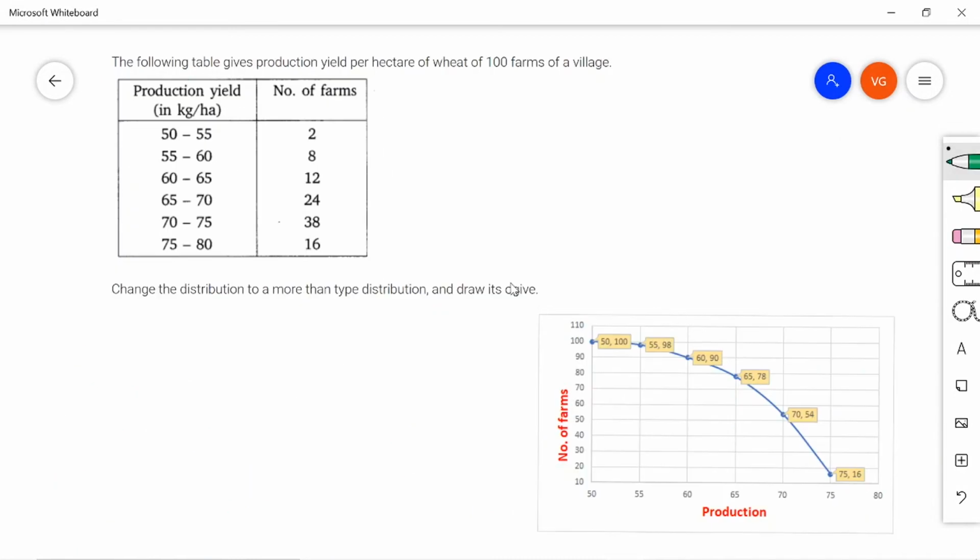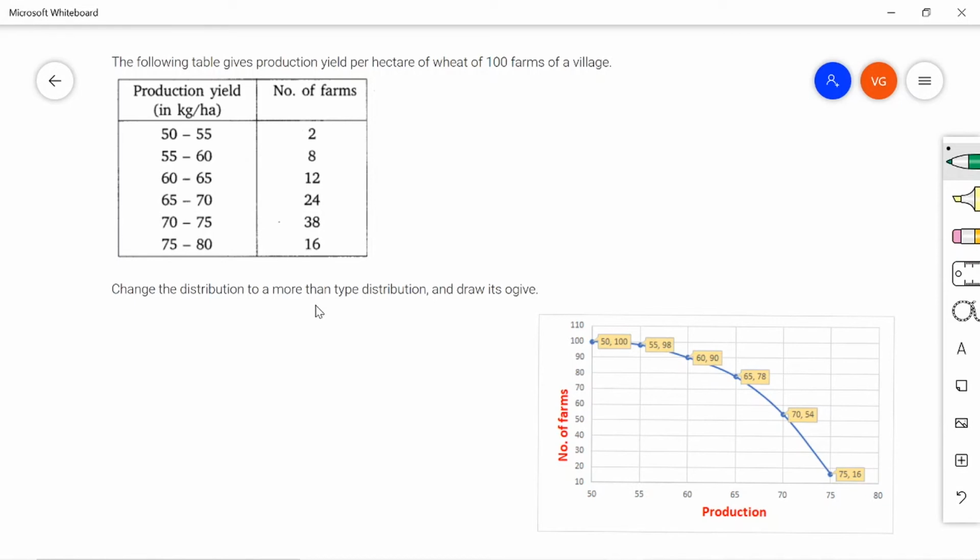The last question in this exercise is, the following table gives the production yield per hectare of wheat of 100 farms of a village. So you're given with data, change the distribution to a more than type distribution and draw its ogive.